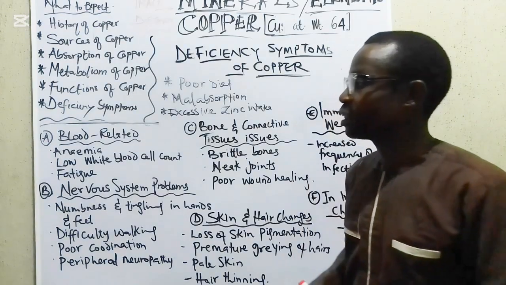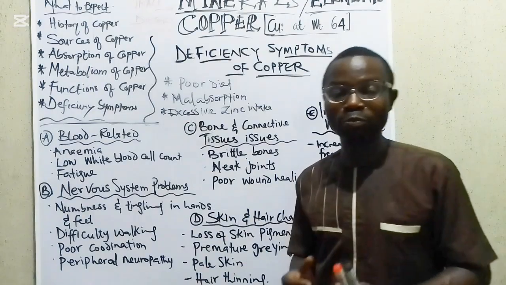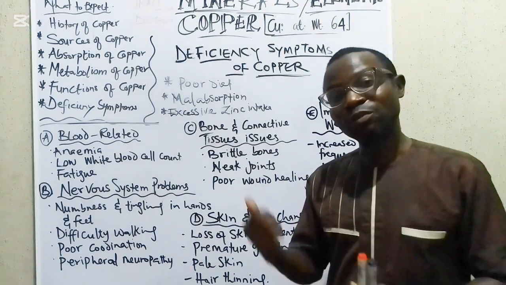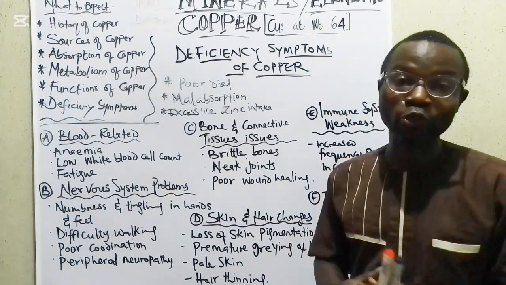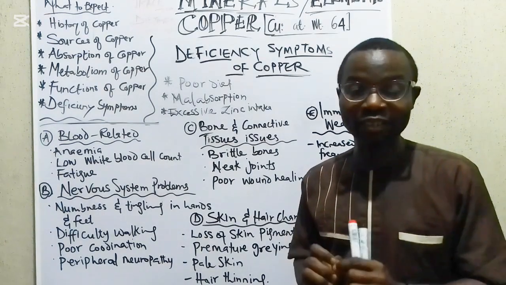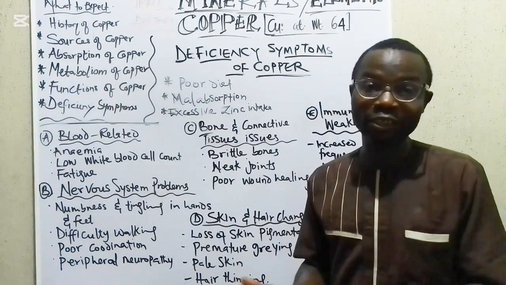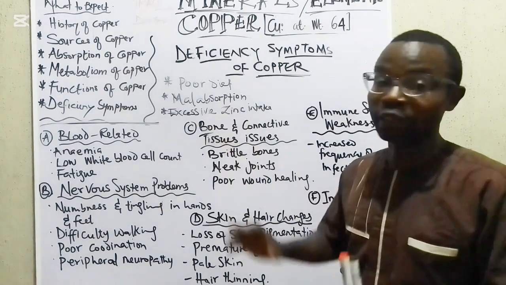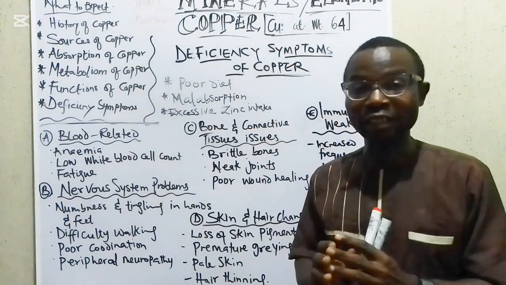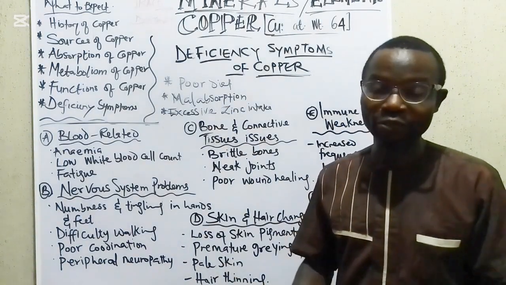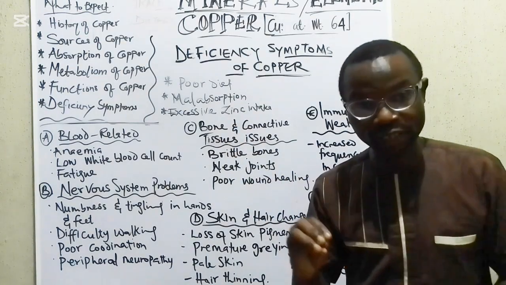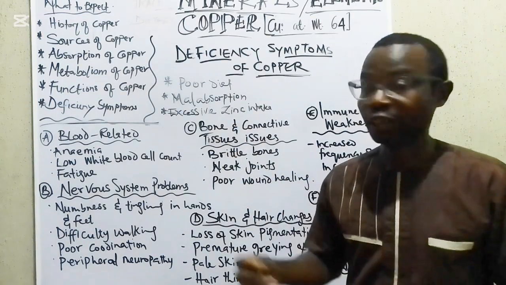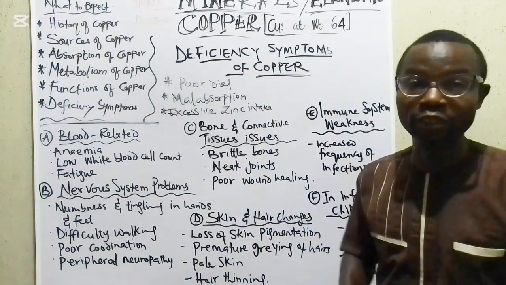You already know absorption from the previous videos, so please check them. Absorption usually takes place in the small intestine, usually around the jejunum and the ileum. So when it's not properly done in the human or animal, let's say chicken, you see visible signs of dietary copper deficiency.